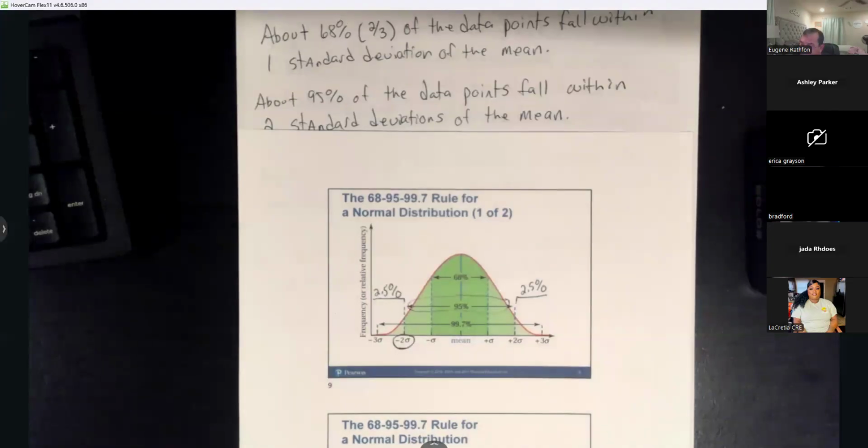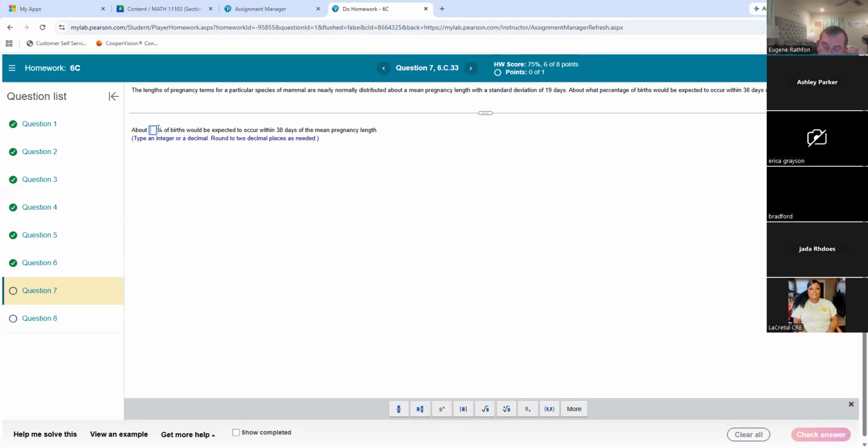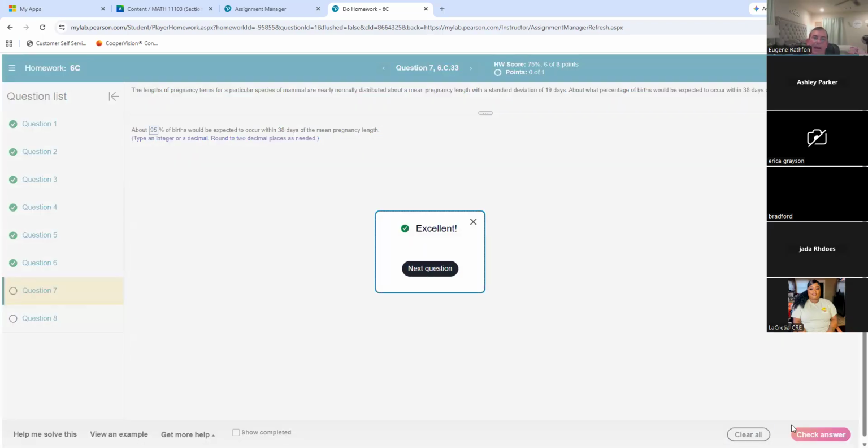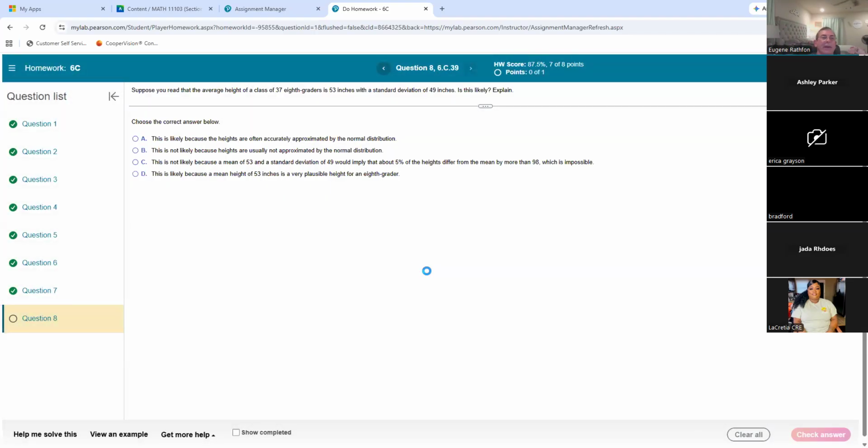So we're going to expect 95% of births will occur within 38 days of the mean pregnancy length. Okay? Now, that means 68% of them would be within 19 days, okay? And then further out, 3 standard deviations would have been 99.7. So you're just using that bell curve data for that one, okay?